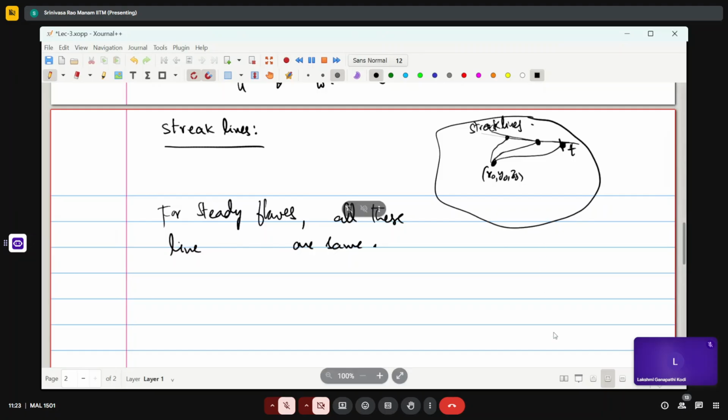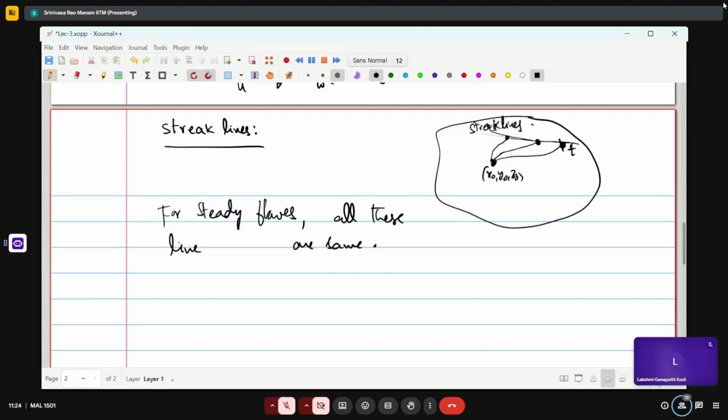Sir, can you explain again what is steady flow? Steady flow means that for all times there won't be any change. It doesn't change with time. The velocity components, or acceleration, whatever you take, may be constant.